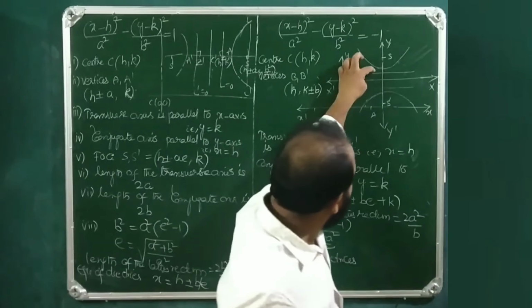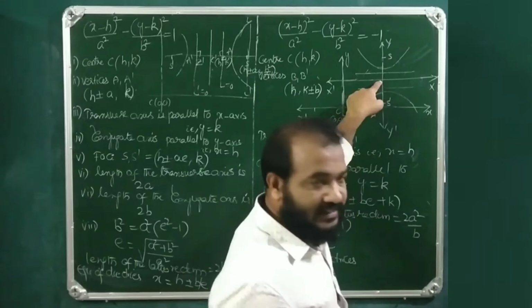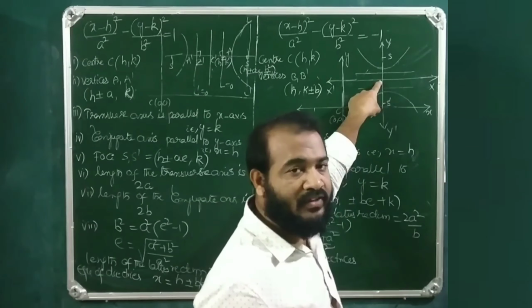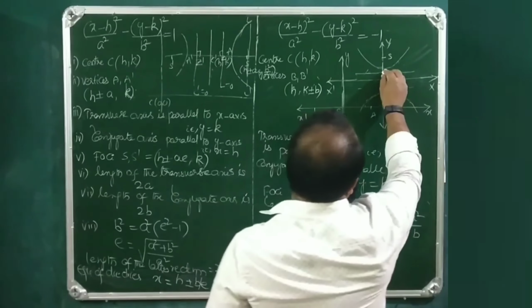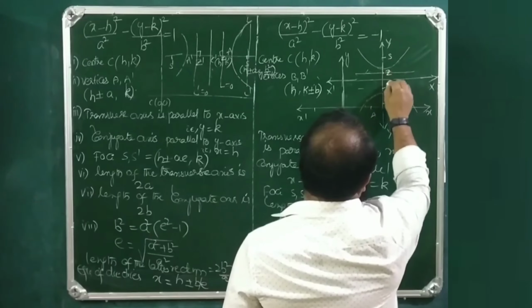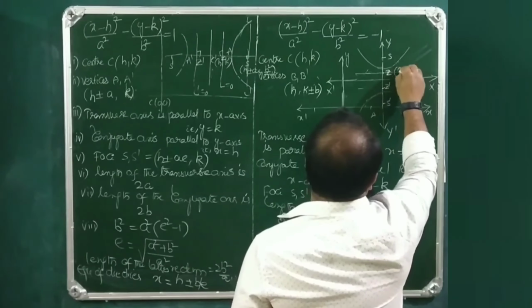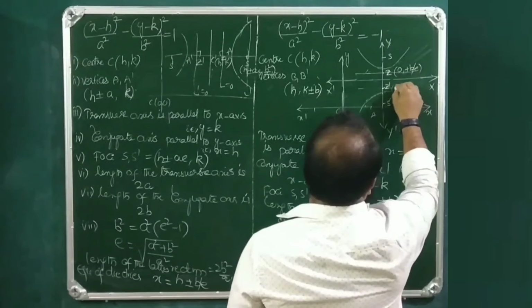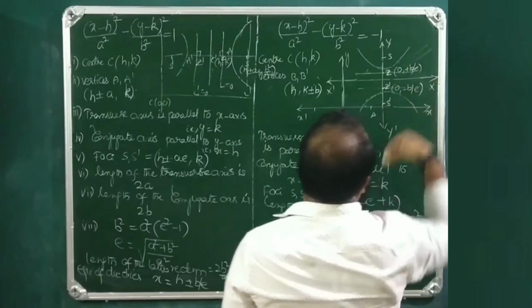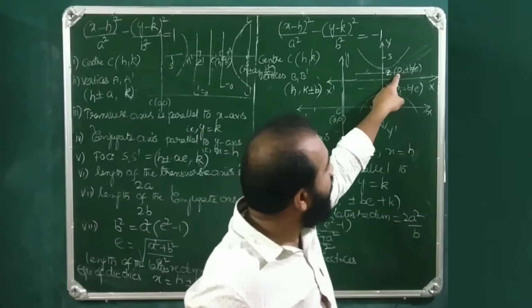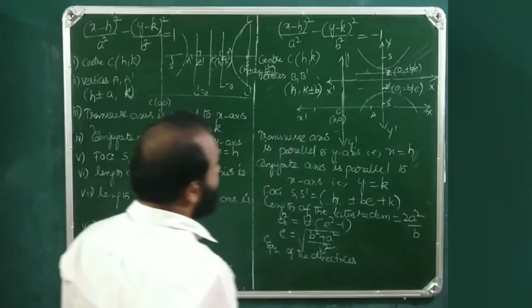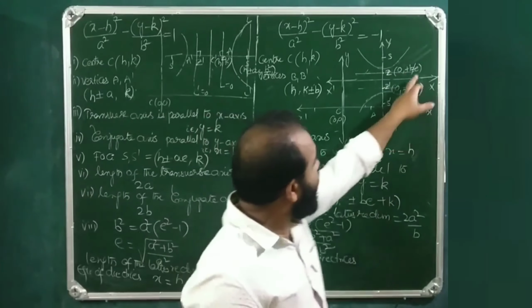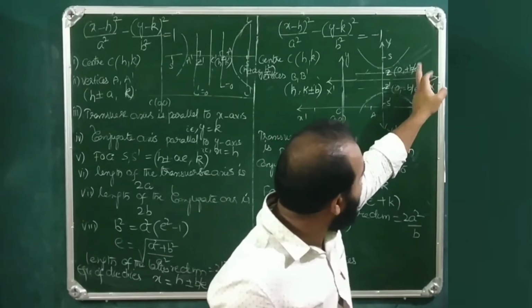So y equals to something. These are Z and Z dash, that is 0 comma plus or minus b by e. With the 0, h will be added, and with plus or minus b by e, k would be added. So the equations of the directrices here are y equals to k plus or minus b by e.